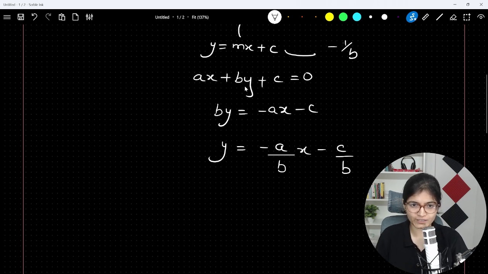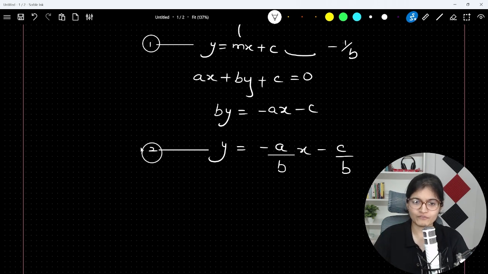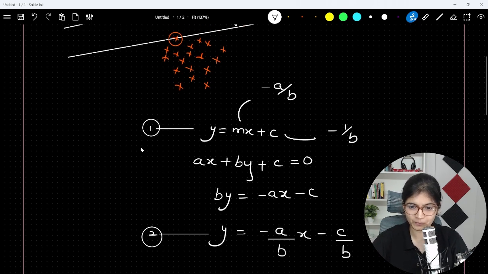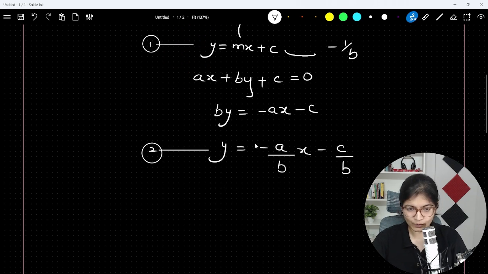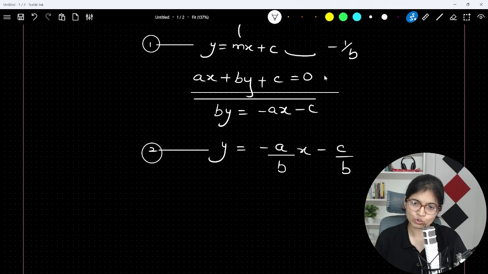If you compare equation 1 and equation 2, they are similar equations only. The value of m here is -a/b, and the value of c here is -c/b. But in other words, I can write my 2D space, two-dimensional space, in this form.